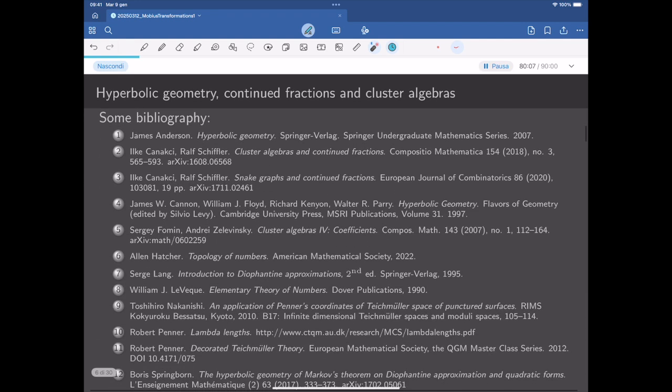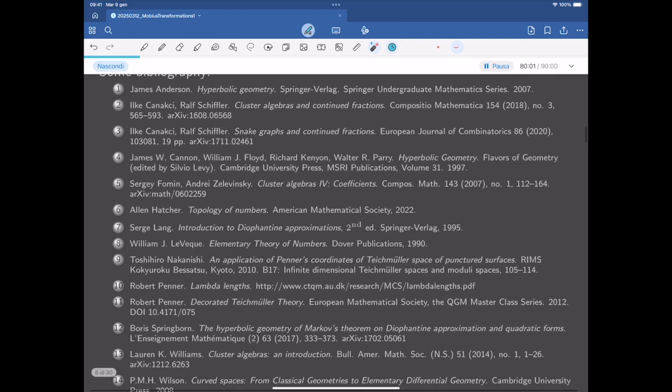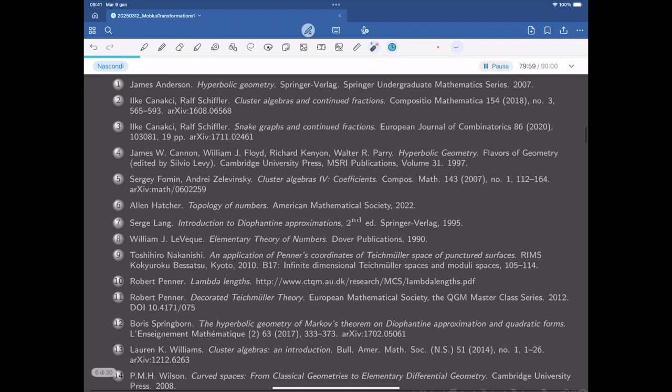And some references. So, I'm a person of many references. Yeah. Okay. Yes, these are many references, I know. For the first part, I think Anderson's book is enough.